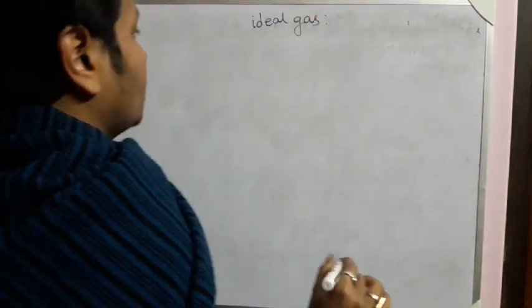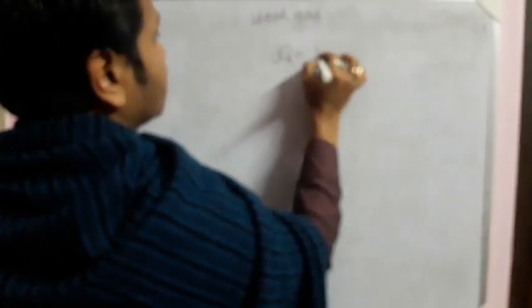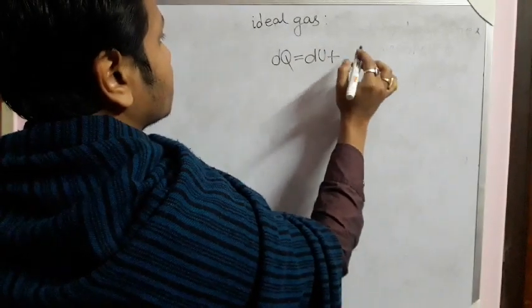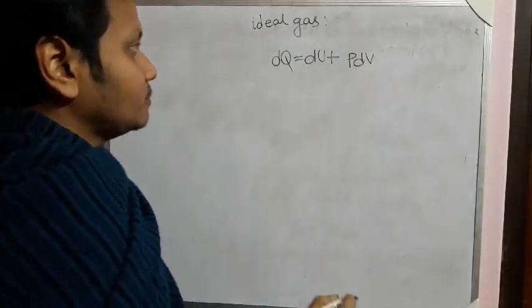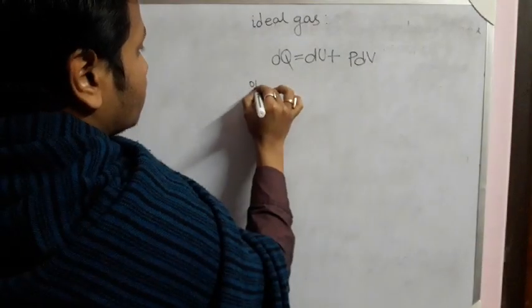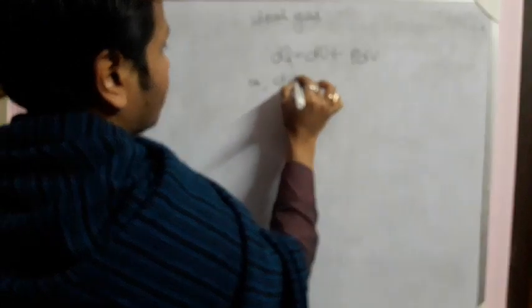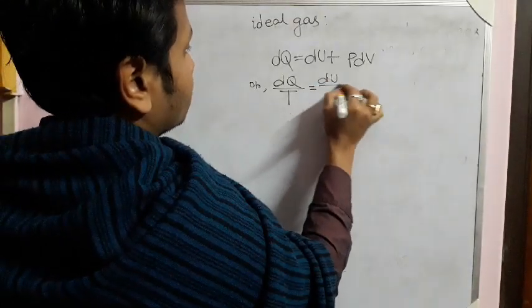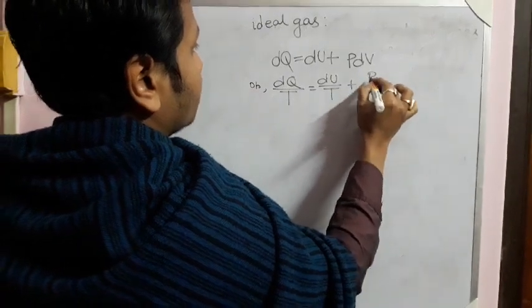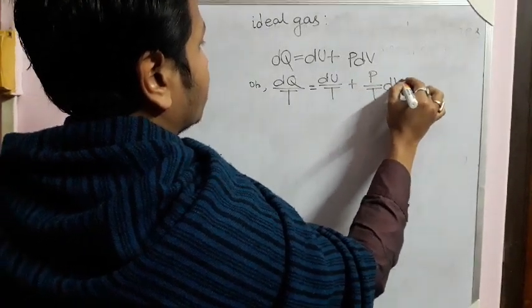Okay, now we know that from first law of thermodynamics, dq equals du plus p dv. Now if you divide this term by T, then what will we get? du upon T plus p by T dv.